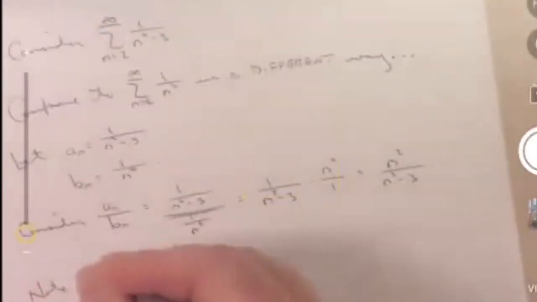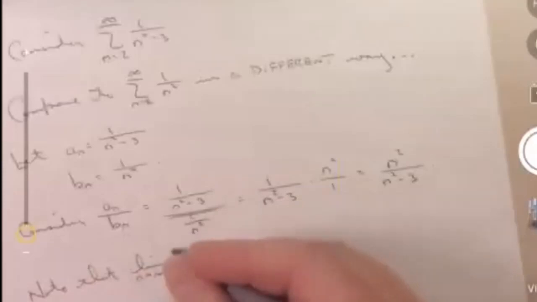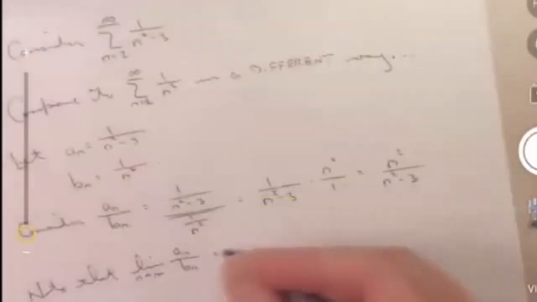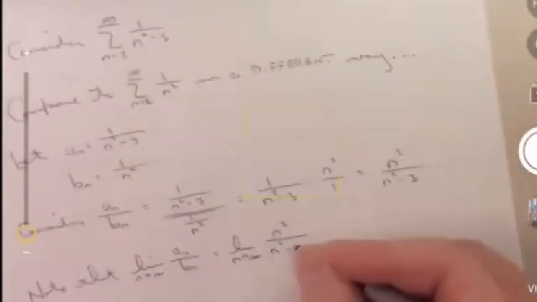And what we notice is that as n runs off to infinity, this quotient, this An over Bn, is, well, let's see. That quotient was equal to n squared over n squared minus 3.